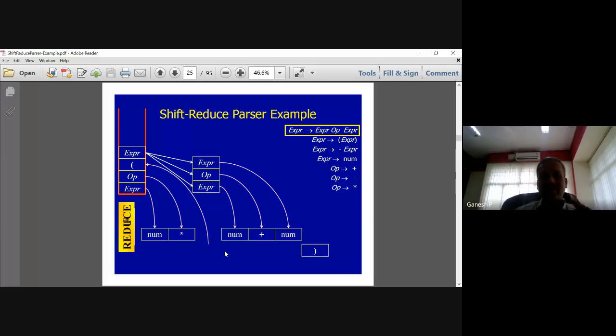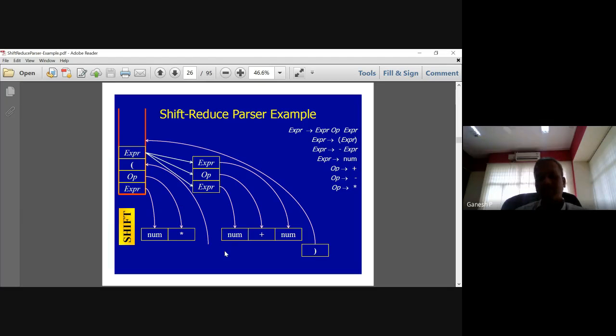Later we are left with a right parenthesis, and right parenthesis will also be shifted now. In this case, we have num plus num, which is possible because EXPR is nothing but EXPR, OP, EXPR. What is OP here? It can be plus, minus, or star. So when I see EXPR plus EXPR, it becomes EXPR, or EXPR minus EXPR, that also becomes EXPR, or EXPR multiplication EXPR, that can also be considered an EXPR.